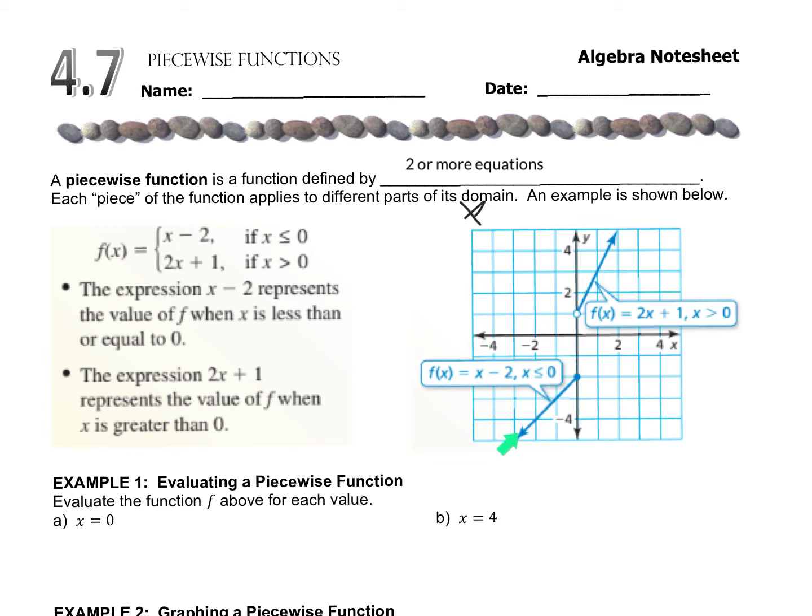Now I want you to notice that normally when we graph f of x equals x minus 2, we would have had a y-intercept of negative 2 coming from our b value there. We have a slope of 1, which would be right here, up 1 over 1, or anywhere on the graph, up 1 over 1.